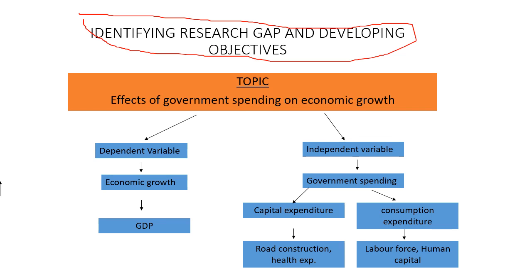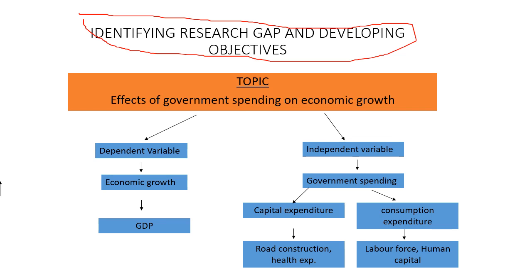Now, after reading the papers, you have come up with a topic. Then lecturers or the supervisor will ask you, what exactly do you want to do? That basically talks about the research gap.